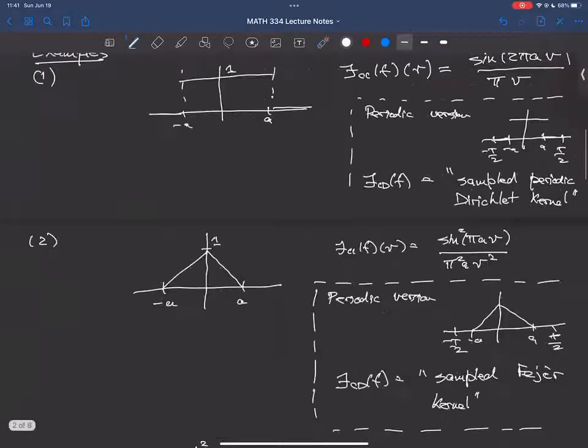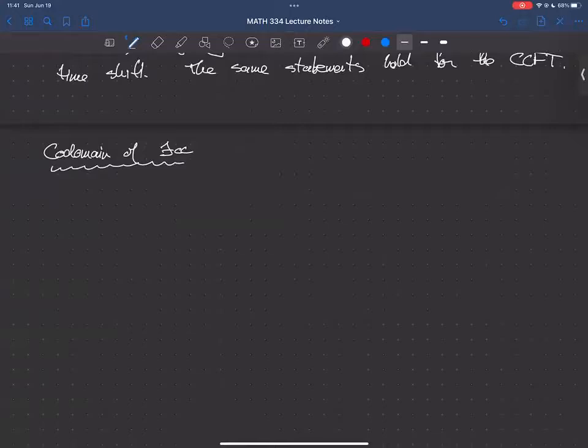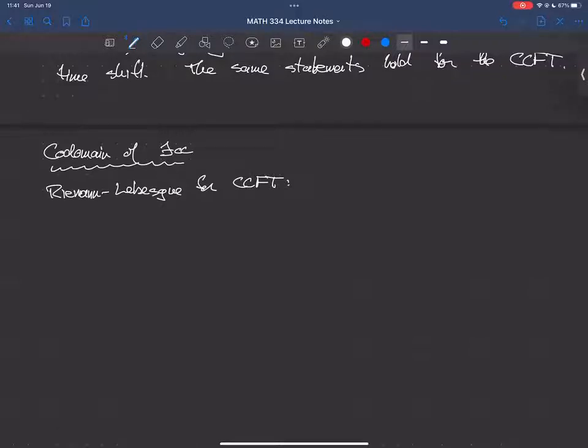Okay, so Riemann-Lebesgue for the CCFT. All right, so the result is simply that if f is in L1, which is the natural domain of the CCFT, then the CCFT of f is in C0.